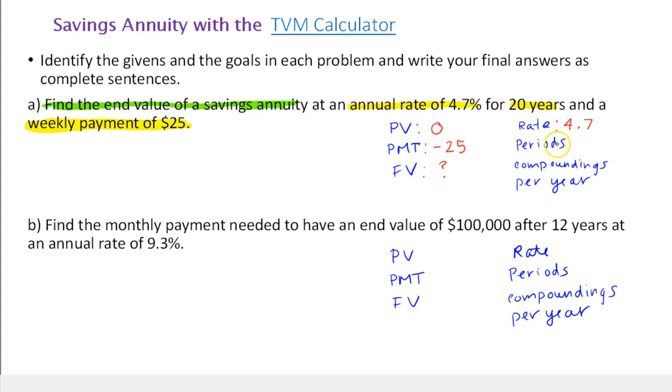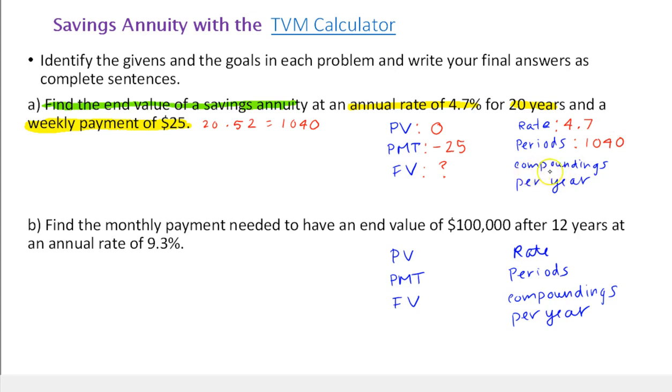Now the periods refers to the total number of compoundings. We have 20 years times weekly payments, and there are 52 weeks in a year, and this totals 1,040 periods. So we're going to enter 1,040 here.